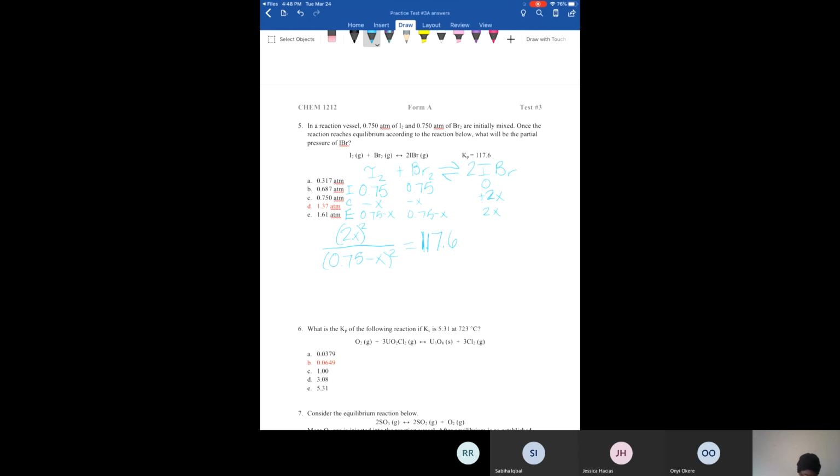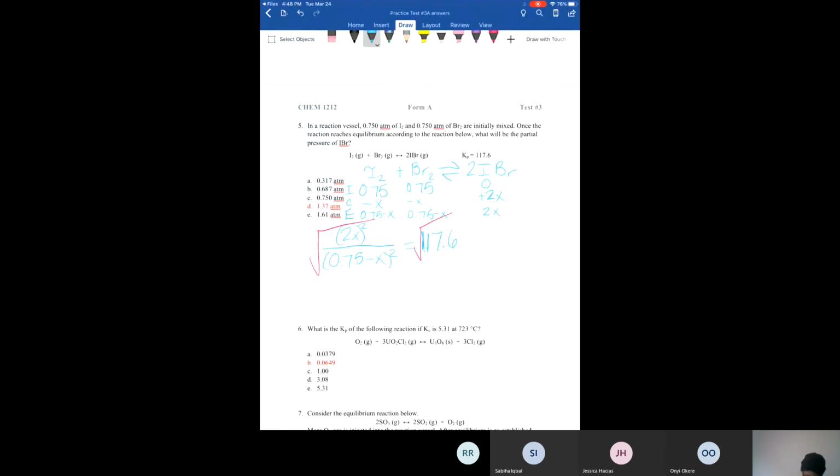So this one, you're lucky. You have a square at the top and the bottom, so you can just square root both sides. The square root of 117.6 is, sorry, so 2x over 0.75 minus x equals 10.8.